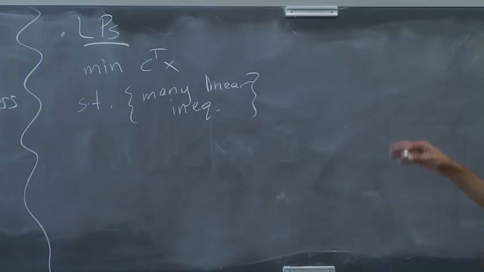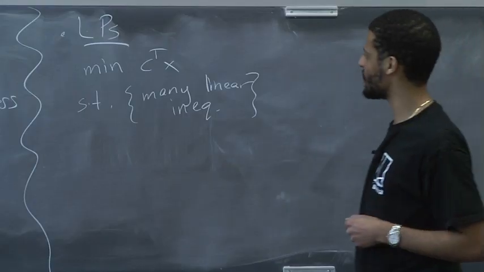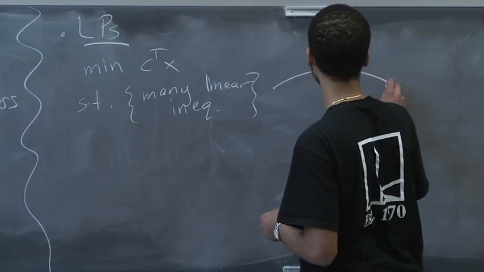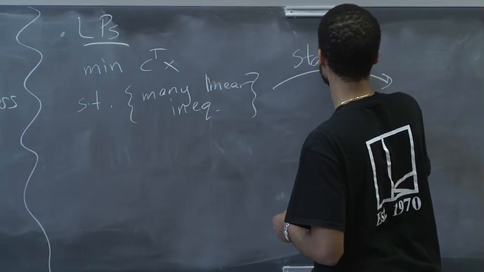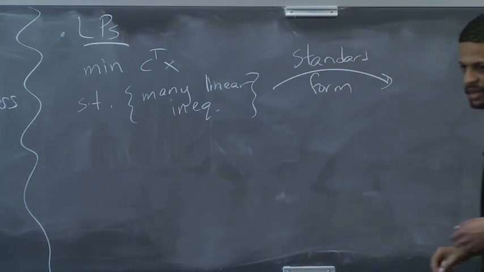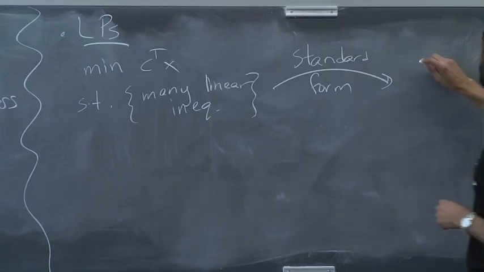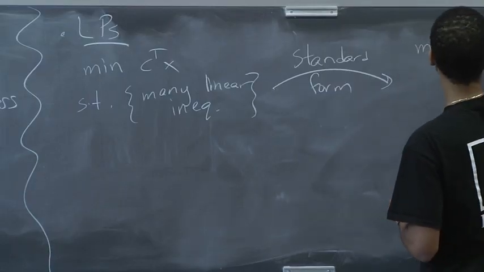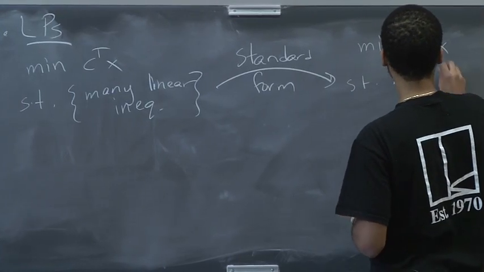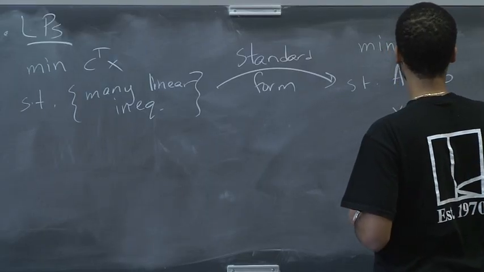There are many different types of inequalities you could have here. So I want to put everything in what's called standard form, which is min c transpose x such that Ax is equal to b and x is at least 0.